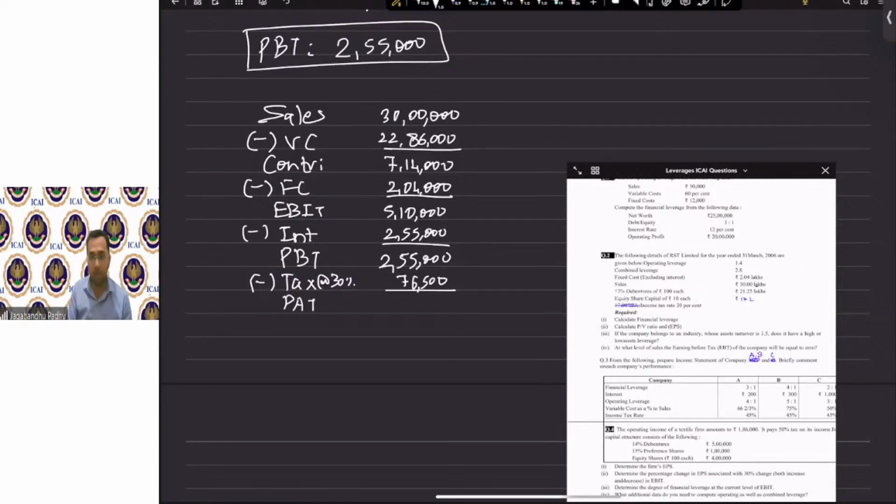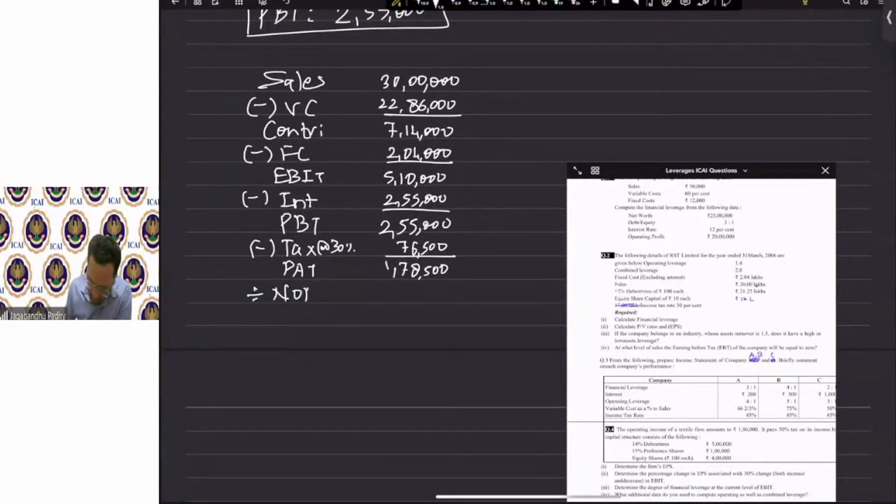That gives us a profit after tax of 2 lakh 55,000 minus 76,500, which is 1 lakh 78,500. This we divide by the number of equity shares, which is 1 lakh 70,000. EPS will be 1.05, right? EPS is 1.05.